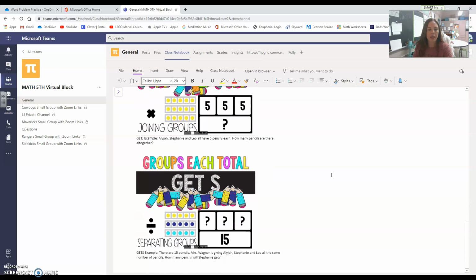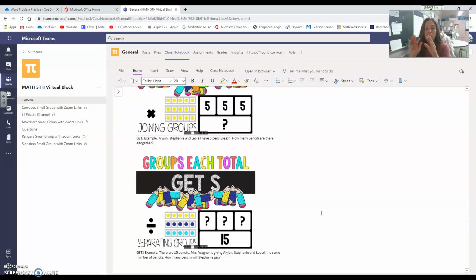And then we have the opposite of joining groups. It's separating our groups. That is division. When we have a whole and we break up that whole into equal groups, it's kind of like whole, part, but in whole, part, our parts can all be different sizes.